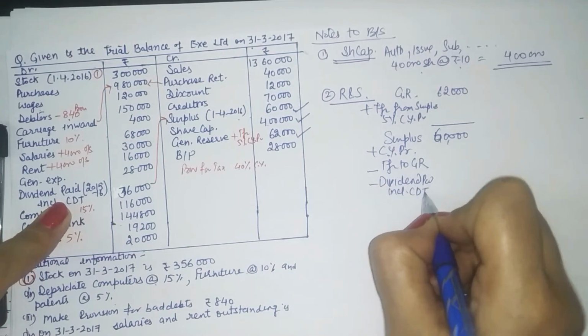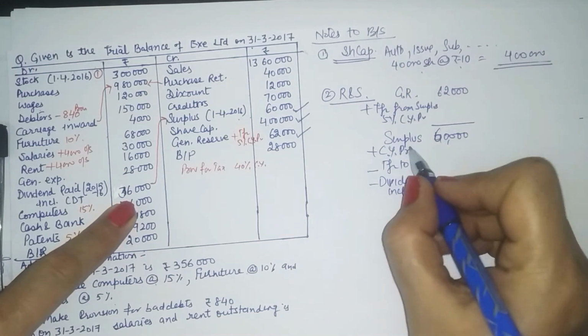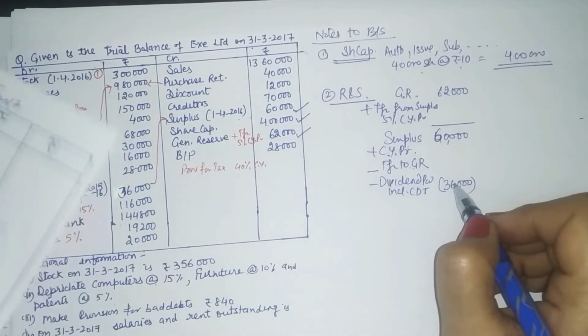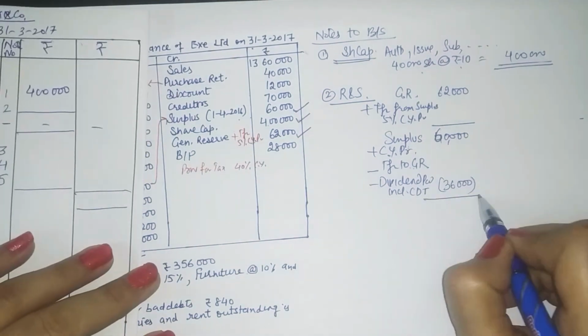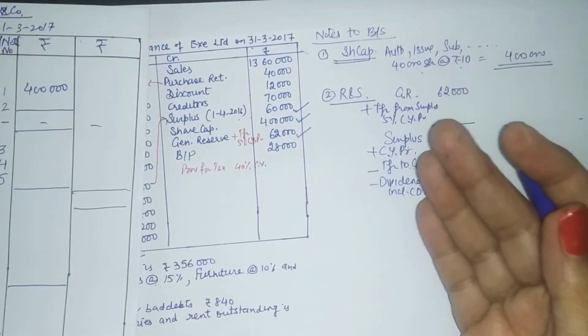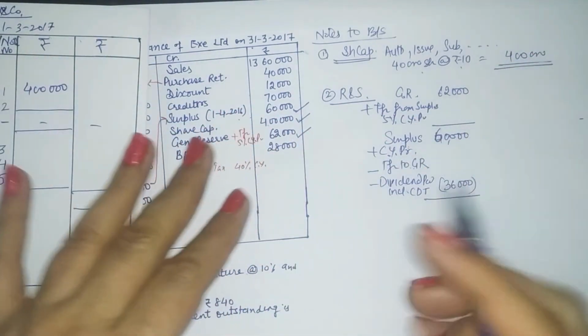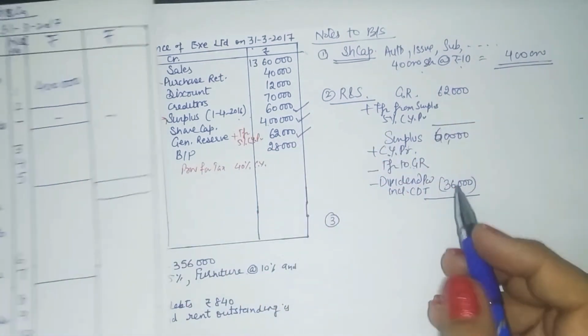So this is also to be appropriated. So 36,000 will be appropriated. Now these two amounts are not yet known, so we can leave them for the time being. Okay. So just remember, we have to put the notes, and wherever something is not available, just leave it. Move ahead. We'll get back to this once we have calculated the profit.